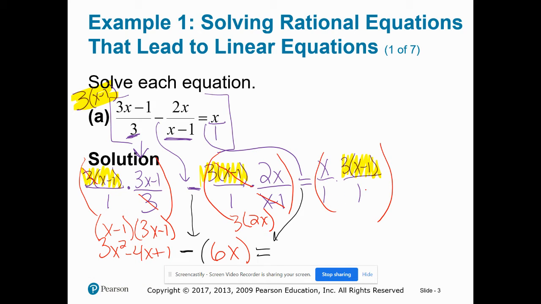I don't have anything in my denominators here, so I can't do any reducing. That means that I'm multiplying x times 3, which is 3x. And then we take that 3x times the x minus 1 that's there. So that's 3x squared minus 3x.